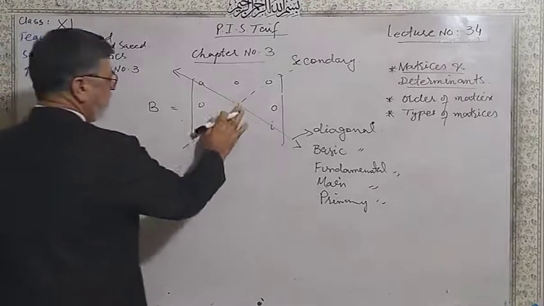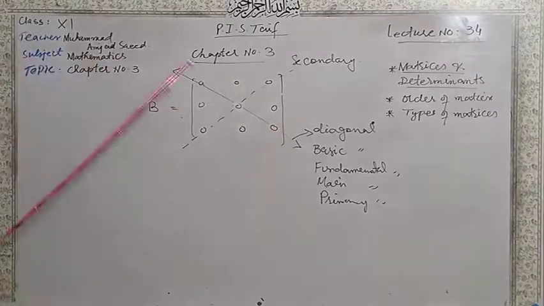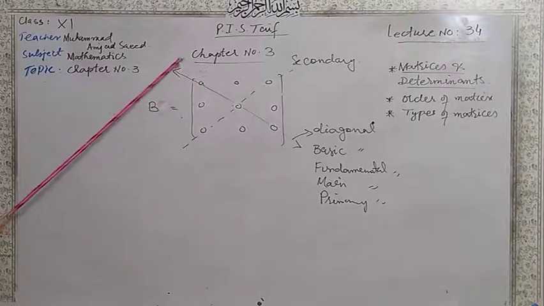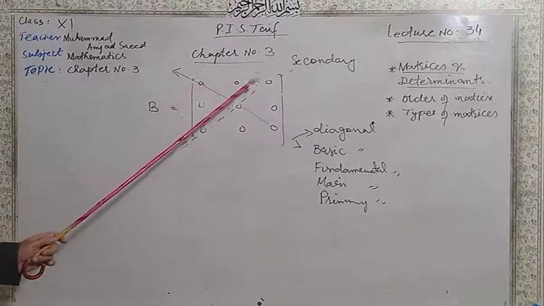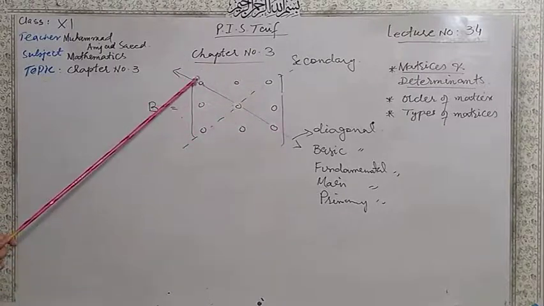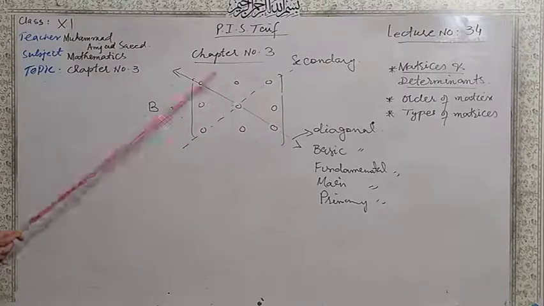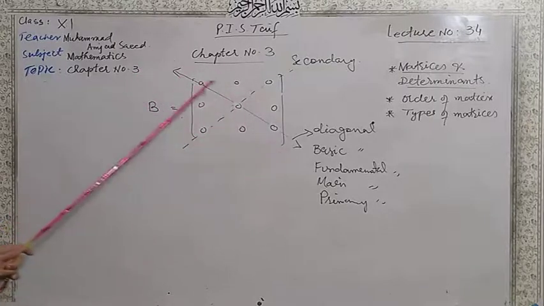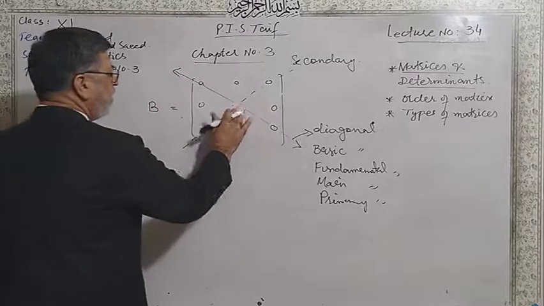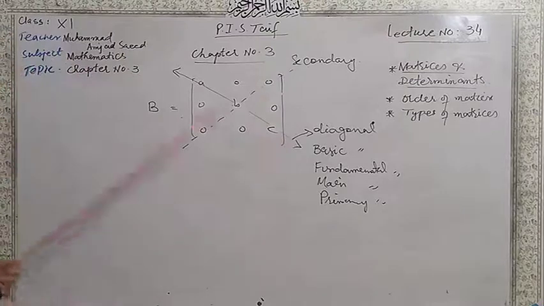It can be 0, but at least one member is non-zero. If we have a matrix like that, and the diagonal is such that at least one member is non-zero, another may be zero, and maybe B and C. That is known as diagonal matrix.